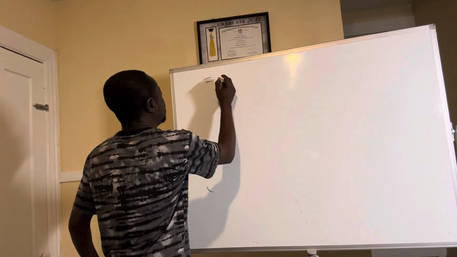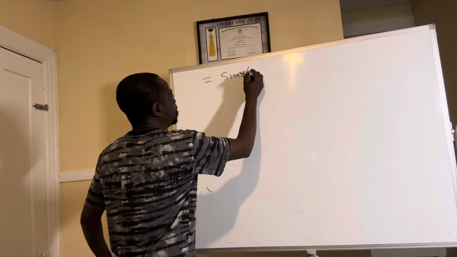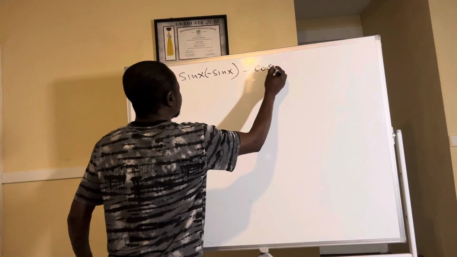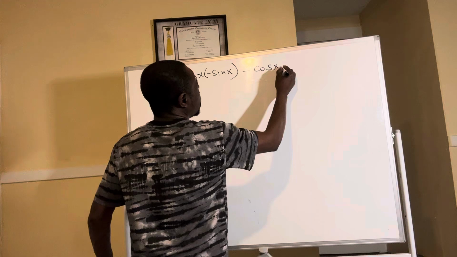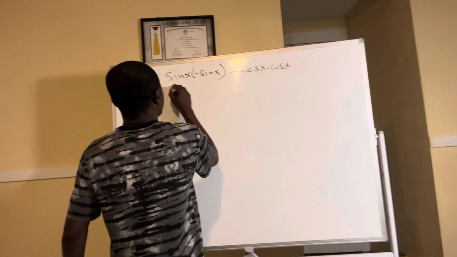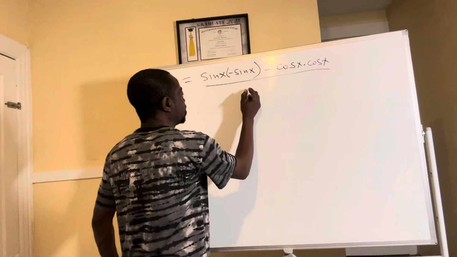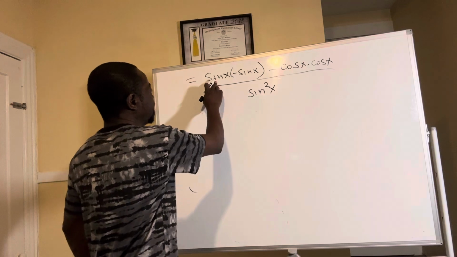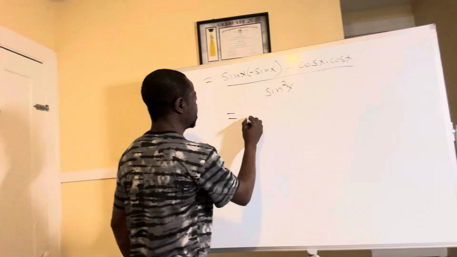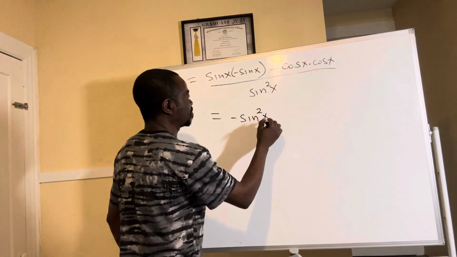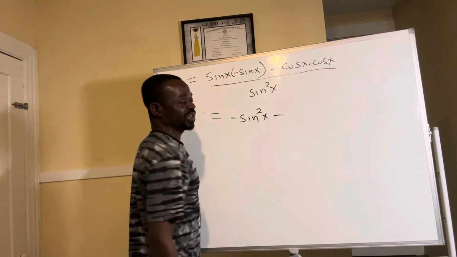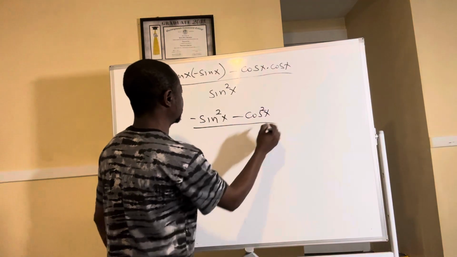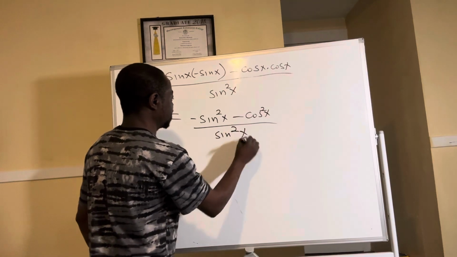So sine x times minus sine x gives us minus sine square of x. Then minus cos x times cos x gives us minus cos square of x, all over sine square of x.